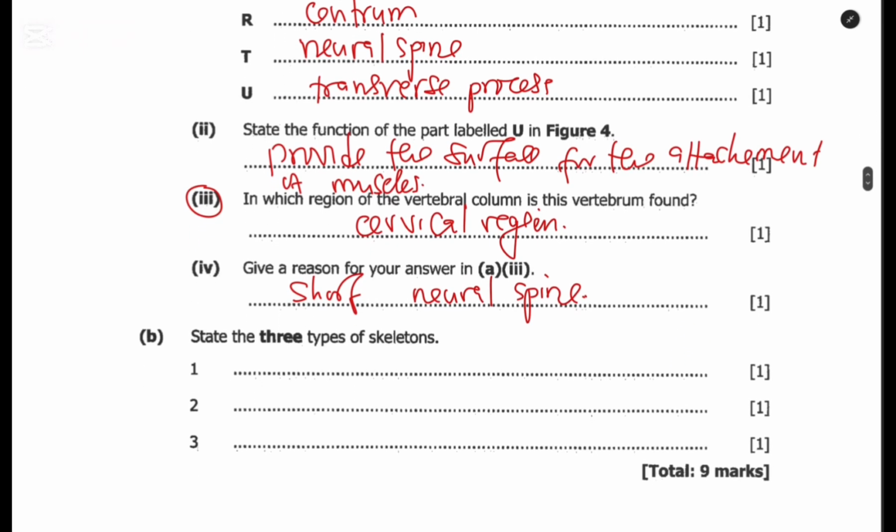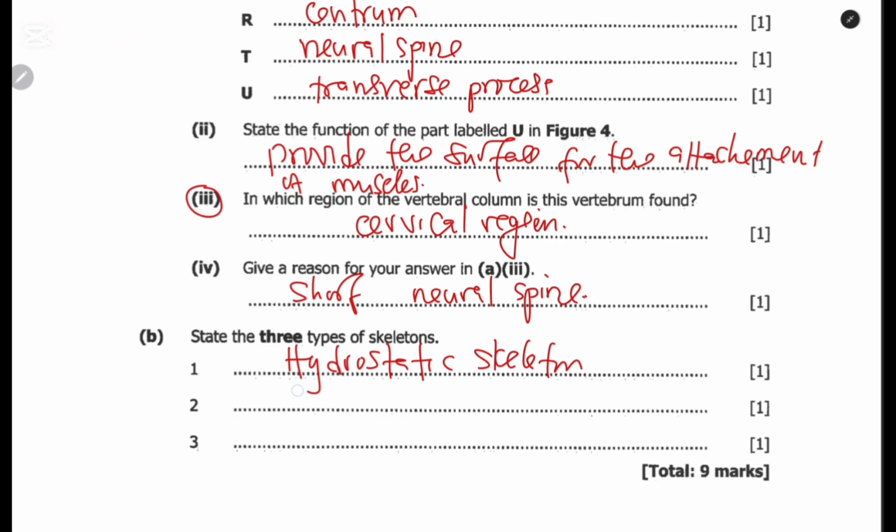State 3 types of skeletal systems or skeletons. We have what we call the hydrostatic skeleton, and you need to give examples for each. As you go through yourself, you're not just supposed to go through the questions and get the answers, but make sure that you go further to look at some more information, to know what is coming. So hydrostatic skeleton.